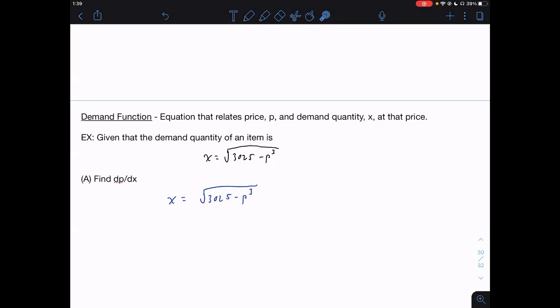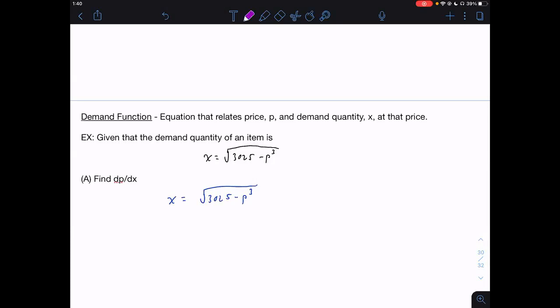But let's see if we can write this equation to make that implicit derivative a bit easier to find, because right now we have a radical over a polynomial expression.